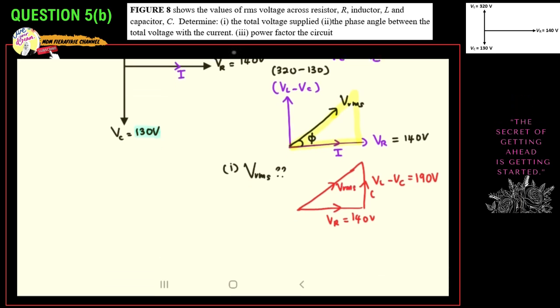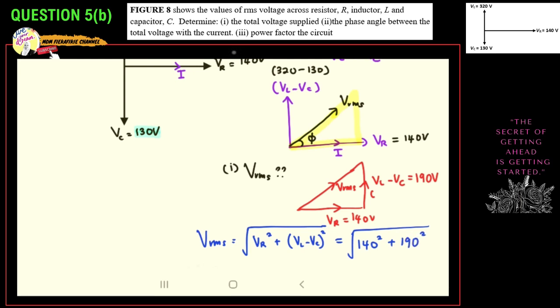So in order to calculate VRMS, so it's equal to, okay, take the square root, VR squared plus VL minus VC squared. Boleh? Okay, so we can substitute all the values. So VR tadi berapa? 140 squared plus 190 squared. Okay, therefore VRMS is equal to 236 volt. Okay, awak check lah. Okay, ini jawapan yang saya ada.